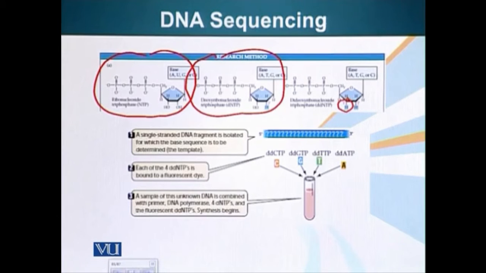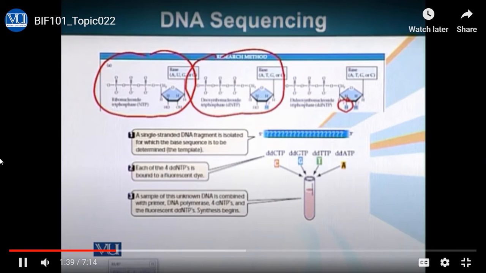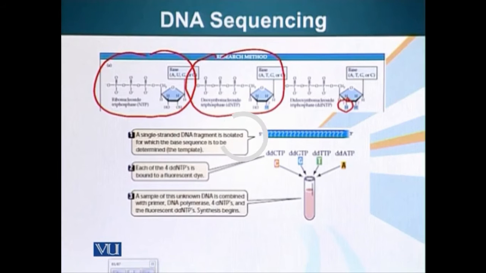And the special thing about these dideoxyribonucleosides is that they contain a glowing molecule which is specific to each base. For example, C here is red color, G has blue color, T has green color, A has yellow color.